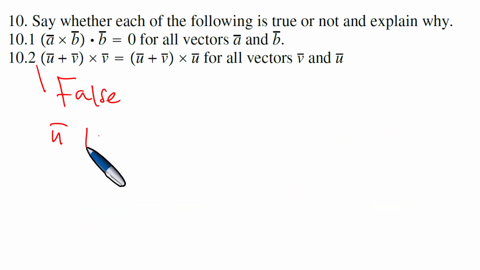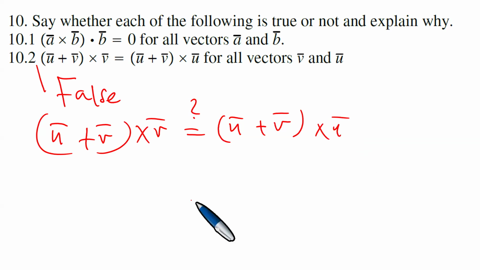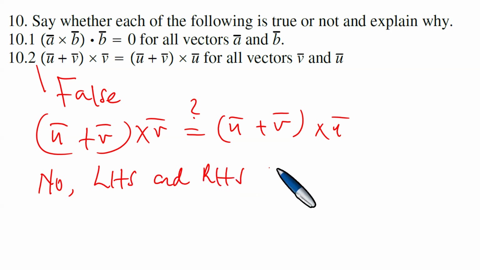So if you have vector U plus vector V cross vector V, we're putting the question out there. If you have vector U plus vector V cross vector U, are these two things equal to each other or not? We have already said it is false. The reason for this is that the left-hand side and right-hand side have opposite signs.